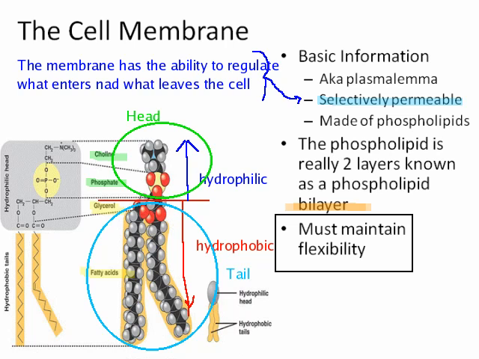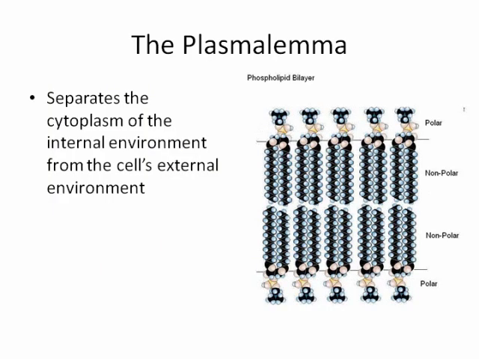There is fluidity, as we say, or movement within the membrane. It is not a concrete, immovable structure. There is give built into this cell membrane, and we'll talk about why that might be in a couple of minutes.